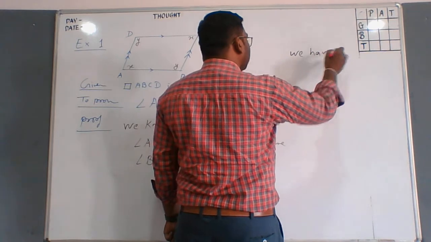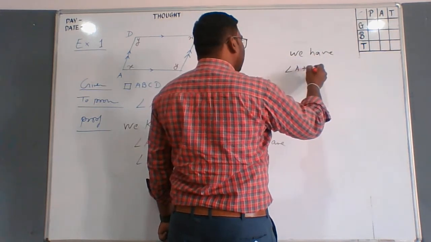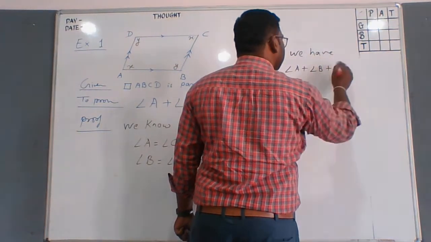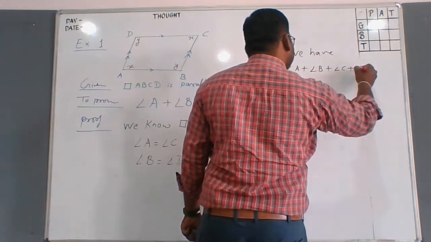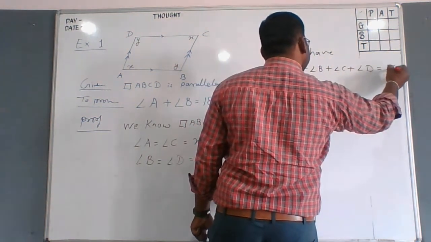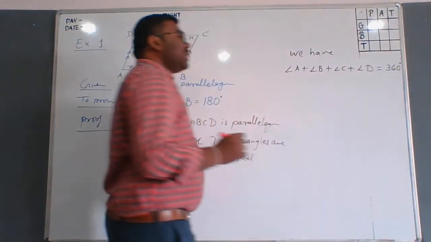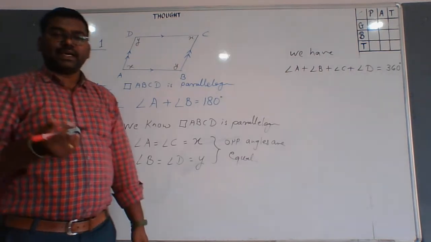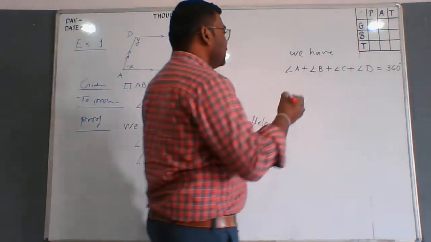We have angle A plus angle B plus angle C plus angle D equals 360 degrees. And why can we write this? Because it is a quadrilateral and the sum of the angles of a quadrilateral is 360.